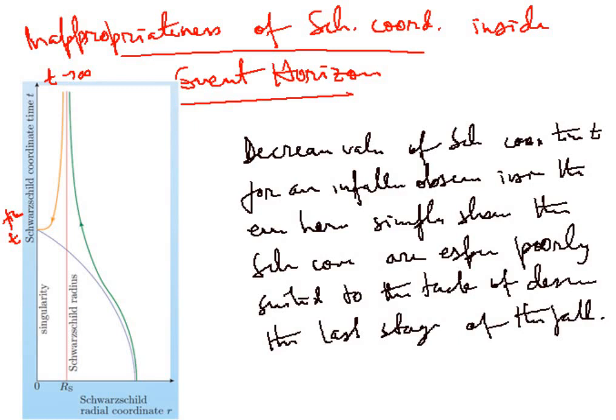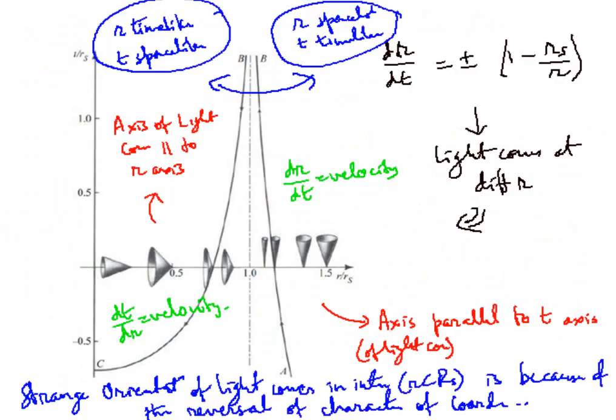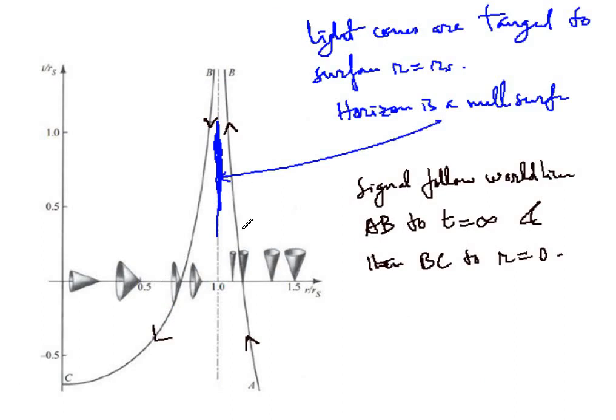Now more evidence of this inappropriateness can be obtained by using them to describe the light cones along the path of an infalling observer. And this we have done here. You see, the light cones are progressively becoming narrower. They are slowly becoming narrower. And you see what happens over here.